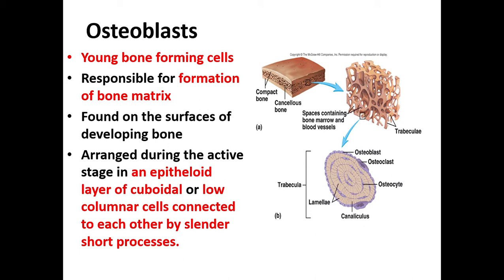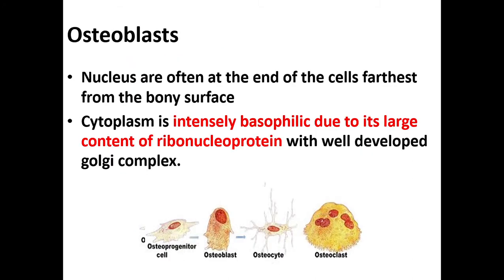They will be carried in the formation of the bone cells, especially if the bone cells are still in the young stage. Now we have the osteoblasts with slender short processes. The nucleus of the osteoblast is found at the periphery, often at the end of the cells farthest from the bony surface.